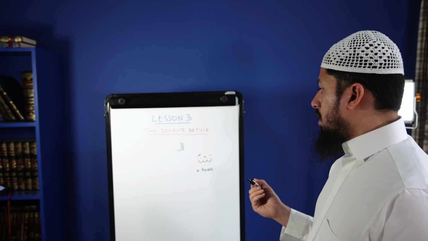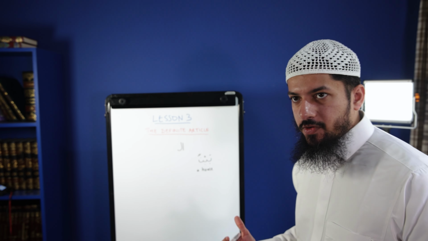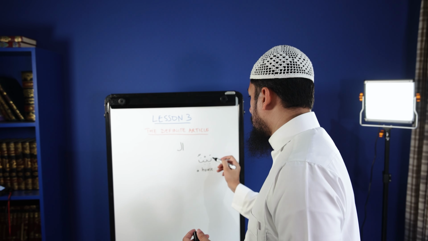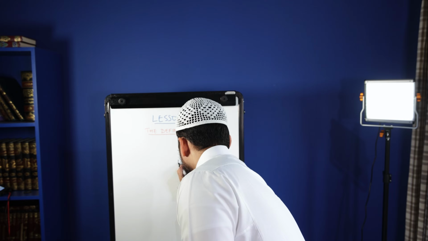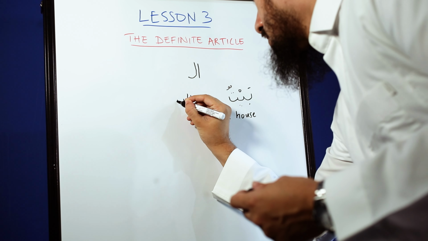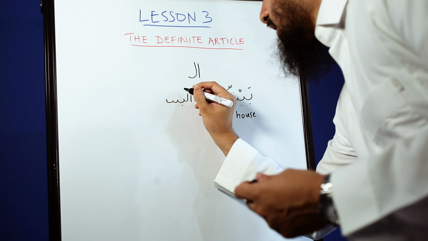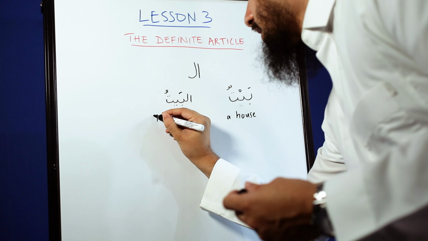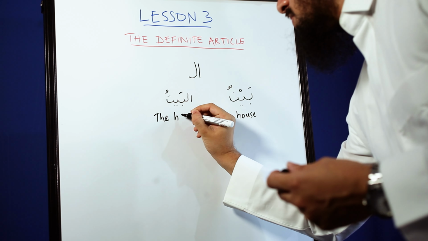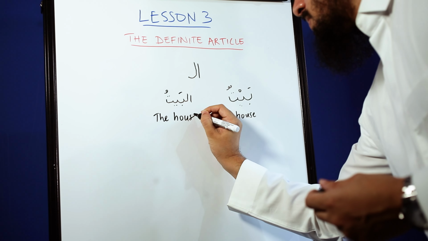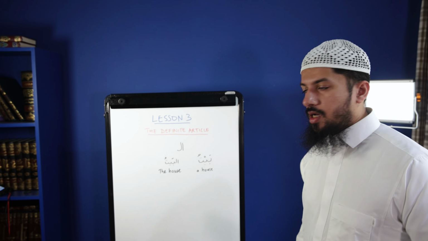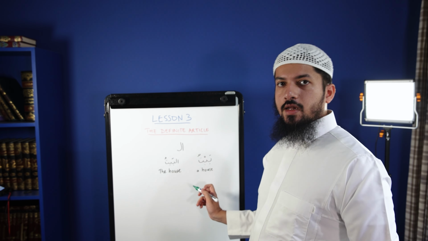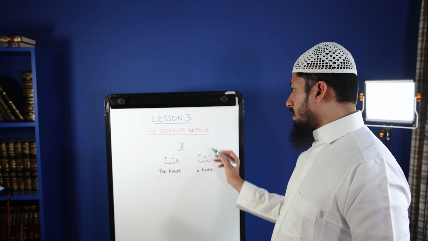When we want to make it definite and say the house, we add the alif lam to bayt. So it becomes al-baytu. Al-baytu, the house.